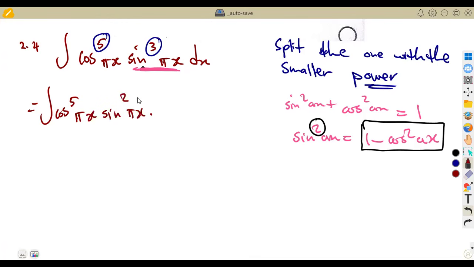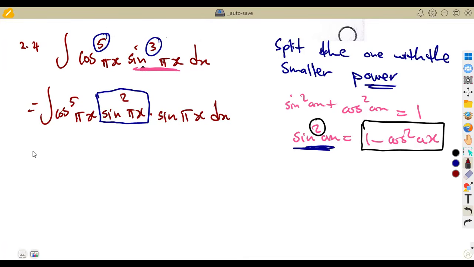We can't raise to the exponent of 2 alone, because it would be a 4. To get the exponent of 3, we just have to multiply by sine pi x, so that 2 plus 1 gives us the exponent of 3. By having this, we have the sine squared that we wanted to see here.